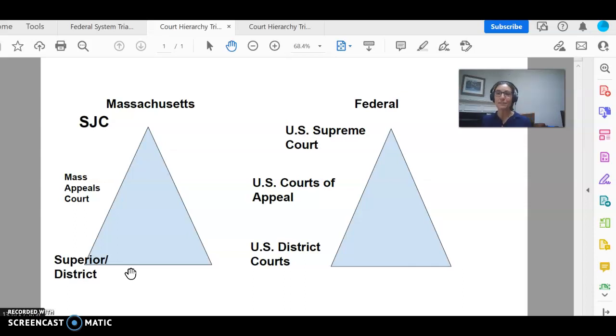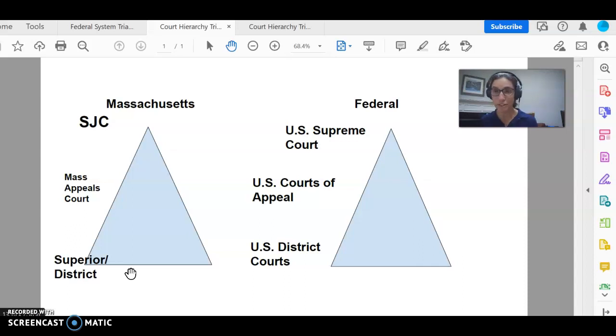The difference in Massachusetts is that cases that involve matters that are worth $50,000 or more can be brought in Superior Court. Civil cases that are less than $50,000 would be brought in District Court. There's also a difference in criminal cases, where a defendant is charged depending on the crime.